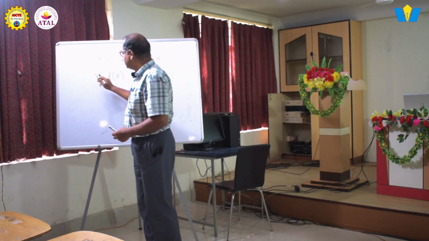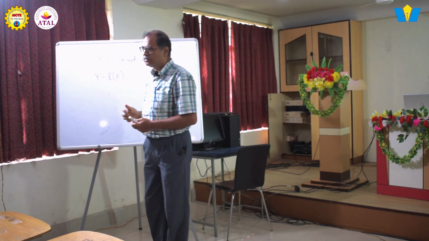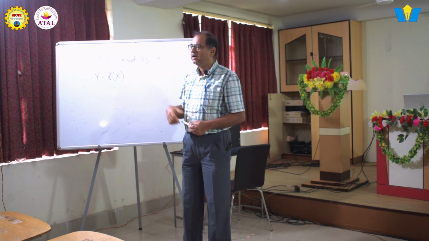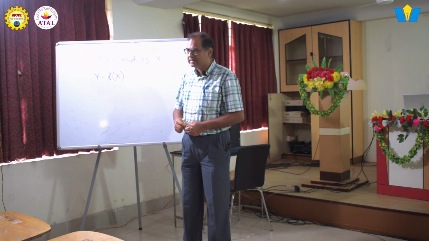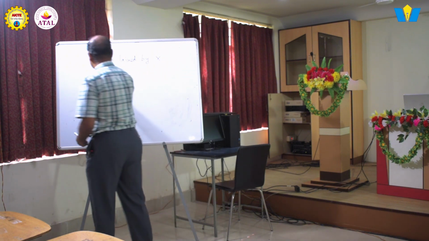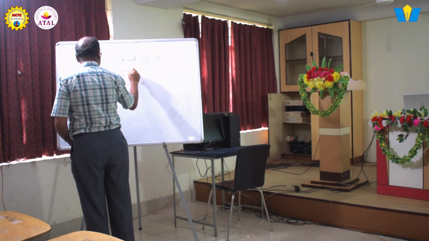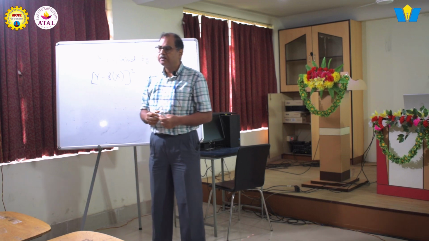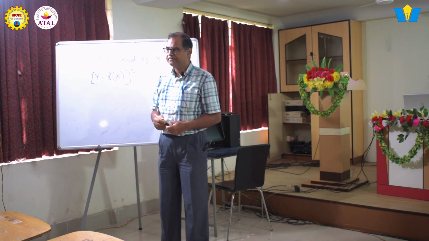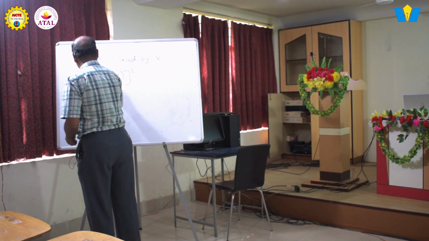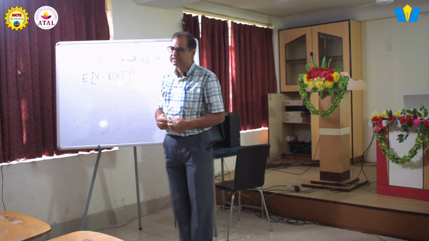So since this is random and that is also random, we cannot say what it will be in a particular case, but on the average we can try to minimize the square of this. But minimizing the square of an uncertain quantity doesn't make sense. So you can minimize the average or expected value of this.